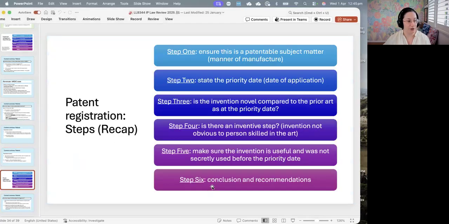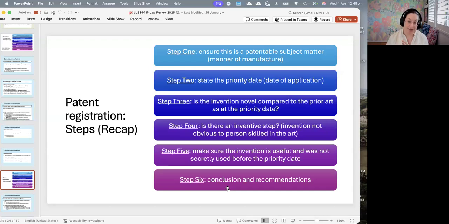So let's just quickly go over that. I must have patentable subject matter, right? An invention, not a discovery. And it must be a manner of manufacture according to the NRDC case. At the priority date, right, the date I'm filing my application, my invention must be novel, so it hasn't been publicly disclosed already.